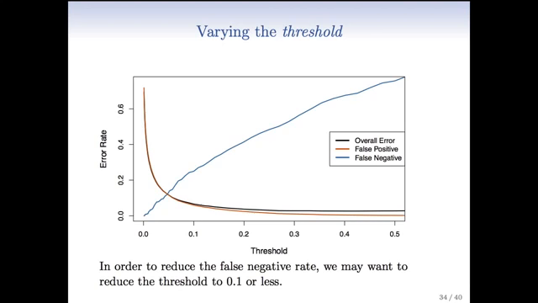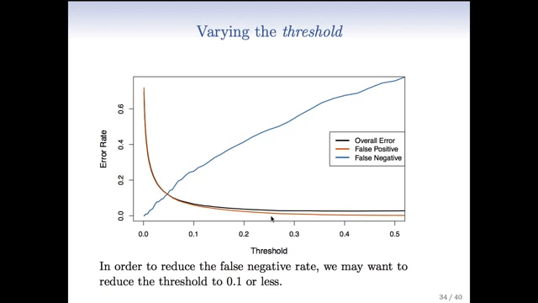Okay. And so here we've done it as a function of the threshold, and we've just looked at decreasing thresholds. In this plot, we've got in black the overall error rate. In orange, we've got the false positive rate, and in blue, we've got the false negative rate. As we decrease the threshold, the false positive rate increases, because now we're going to classify more and more negatives as positive.